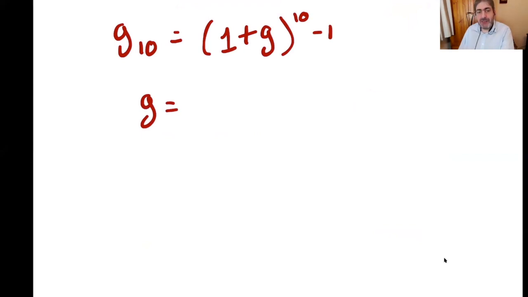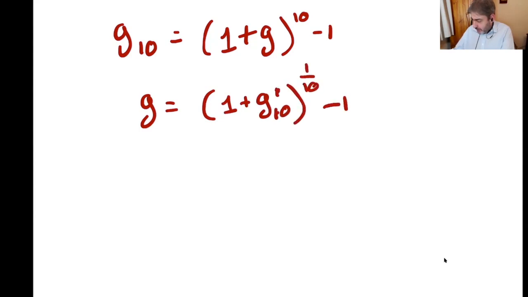Okay, I'll give you a few seconds to solve this. G is equal to (1 plus G10) at the power of 1 over 10 minus 1. Okay, so that's exactly what we've done.